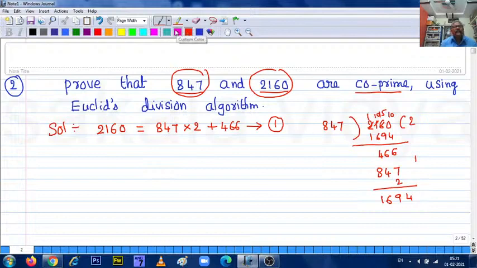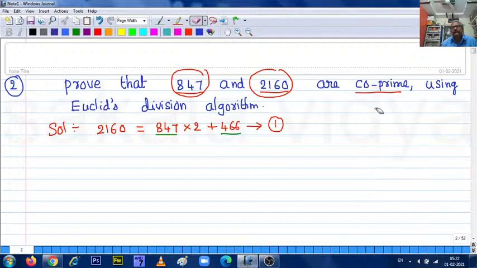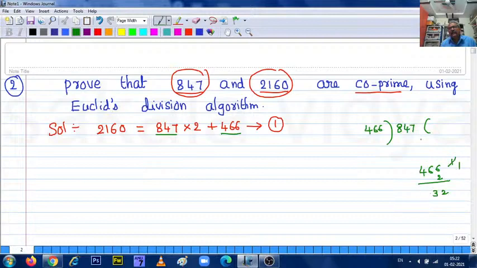Now you need to take these two values, 847 and 466. So what shall we do now? 847 divided with 466. 466 two times would be 932, it will be more.